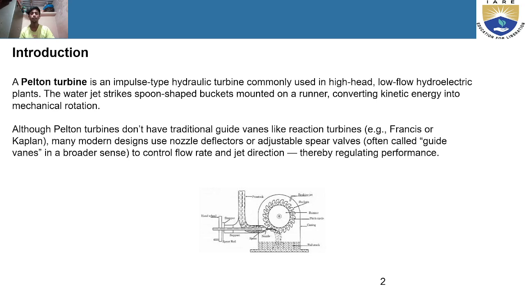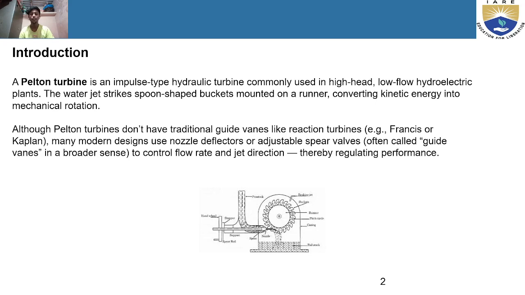Examples of reaction turbines are Francis or Kaplan. Many modern designs use nozzle deflectors or adjustable spear valves, often called guide vanes in a broader sense, to control flow rate and jet direction, thereby regulating the performance.